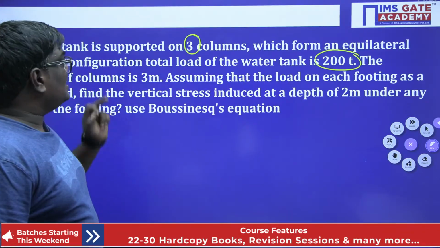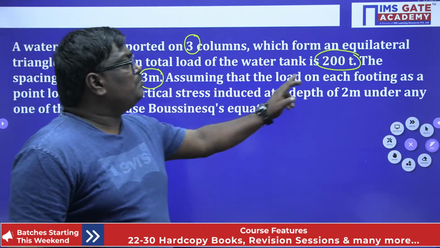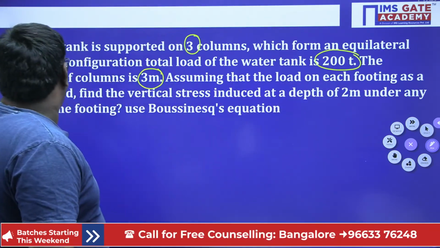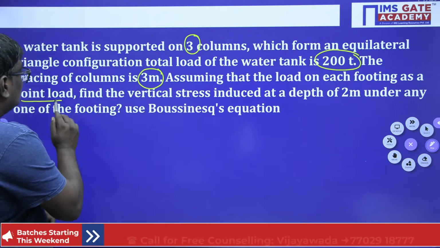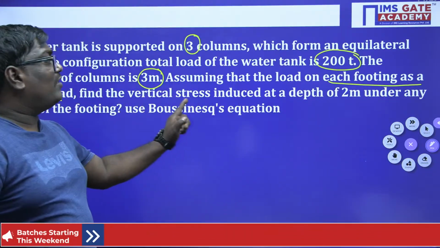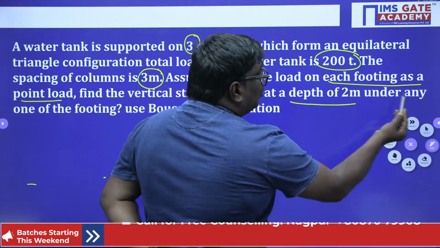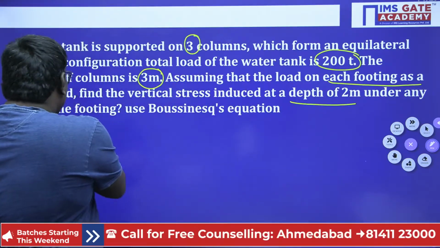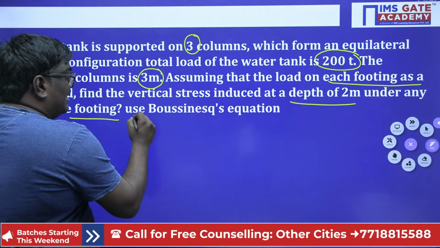The spacing of the columns is 3 meter. Assume the load on each footing as a point load. Find the vertical stress induced at a depth of 2 meter under any one of the footings. Are you clear, my dear students?